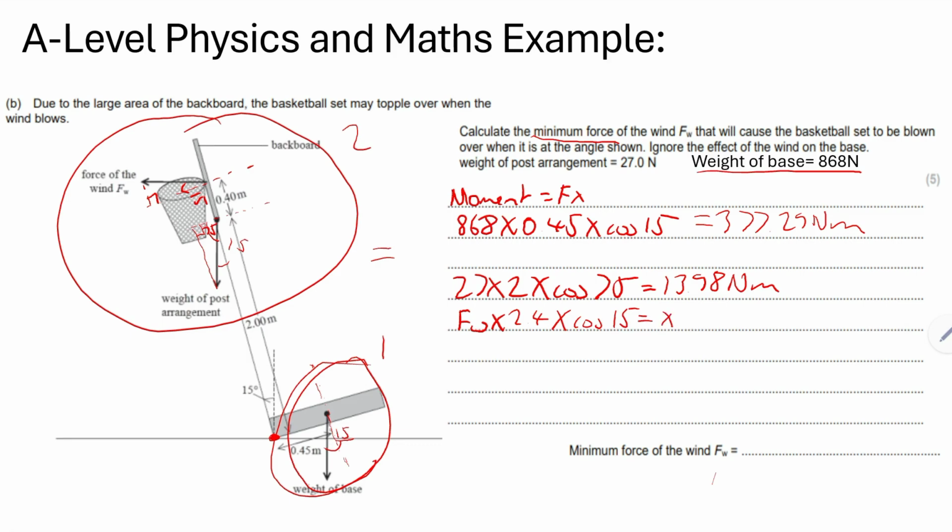But as we said, section 1 will equal section 2. We can write 377.29 will equal 13.98 plus x.